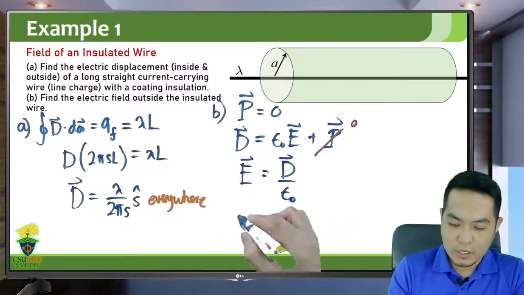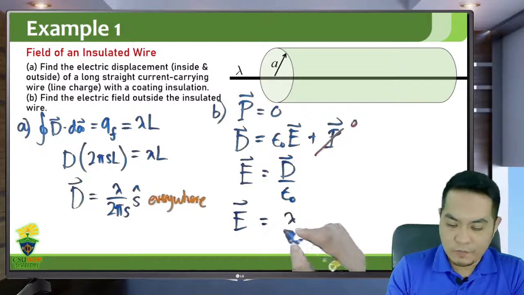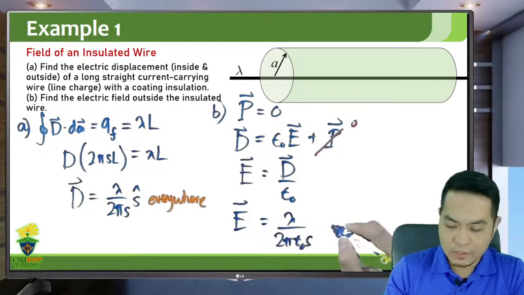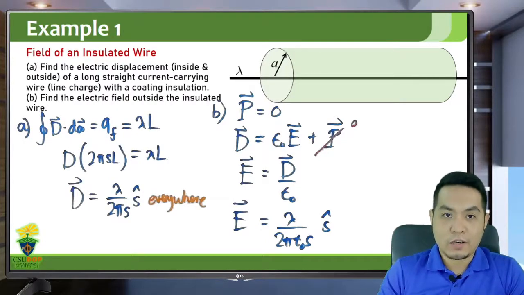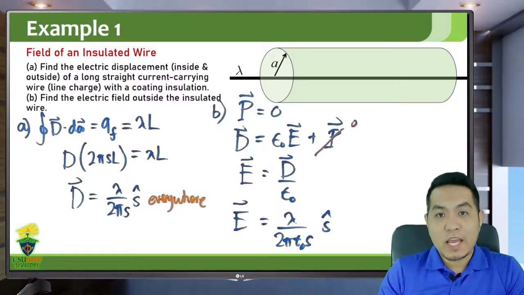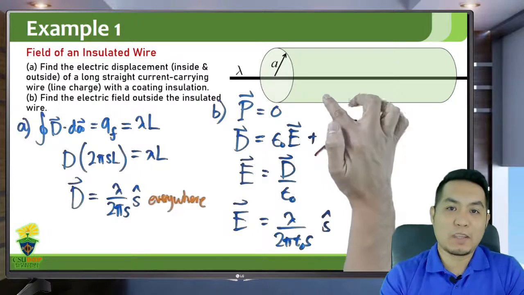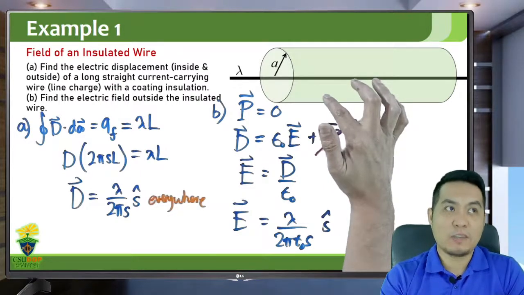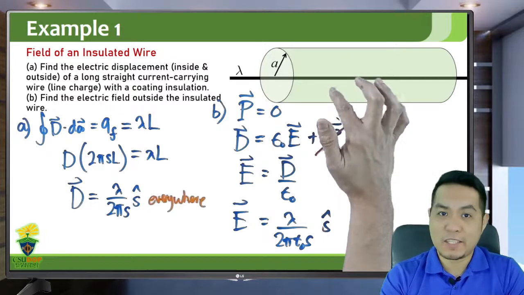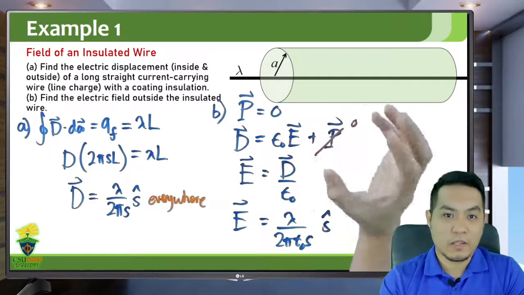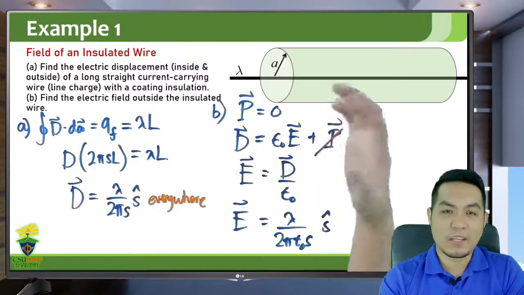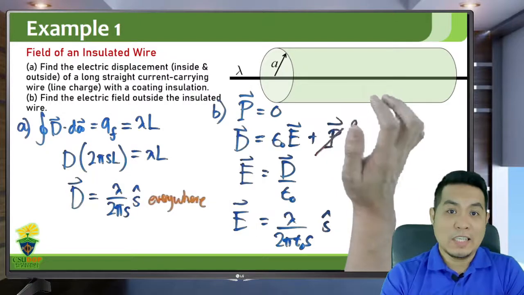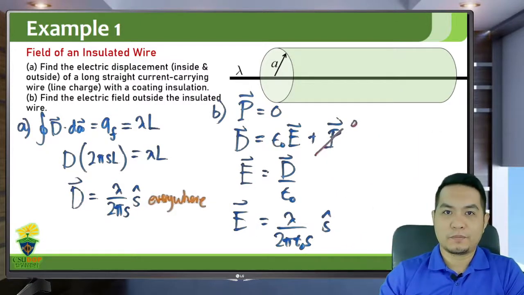Essentially, the electric field is lambda over 2 pi epsilon naught s hat. This is just essentially the electric field of a line charge. We cannot know the electric field inside because we are not given the polarization inside. And you cannot calculate the polarization inside because we are not given what type of dielectric it is, what the dielectric constant is, or any value related to the dielectric.